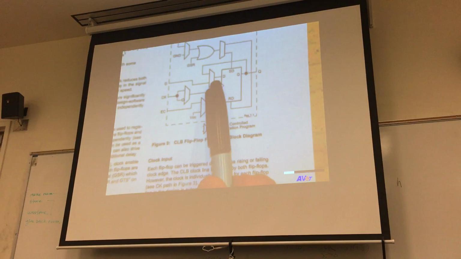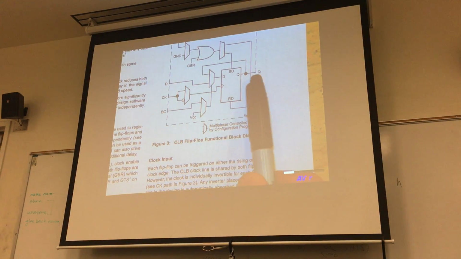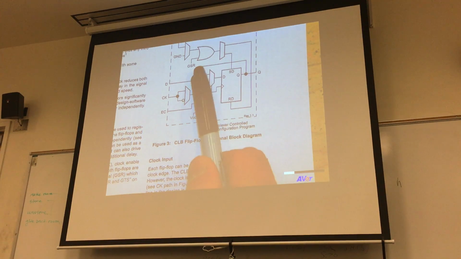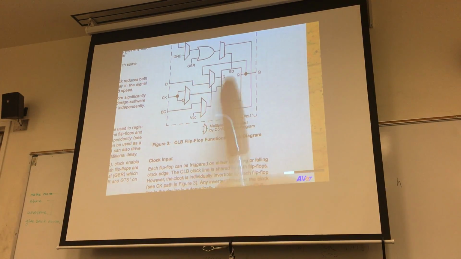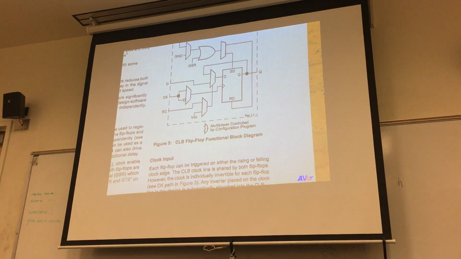You have a multiplexer that either takes data input or feedback from the Q output driving the D input. Now you can have a free running clock, which can be positive or negative edge triggered, depending on how you program those multiplexers. Okay?